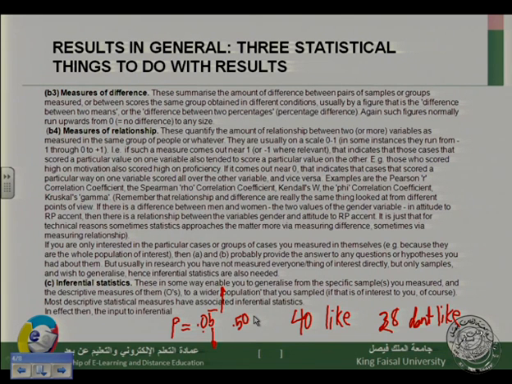So if you get something like 1, that means there is what is called a positive correlation, or positive relationship, between your two variables.